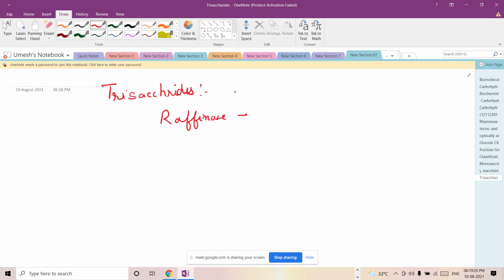Similarly, we can have tetrasaccharide and polysaccharide. So, depending upon the number of carbohydrate units they provide, they are classified as monosaccharide, disaccharide, trisaccharide, and so on. Now, we'll go in detail about the monosaccharide first.